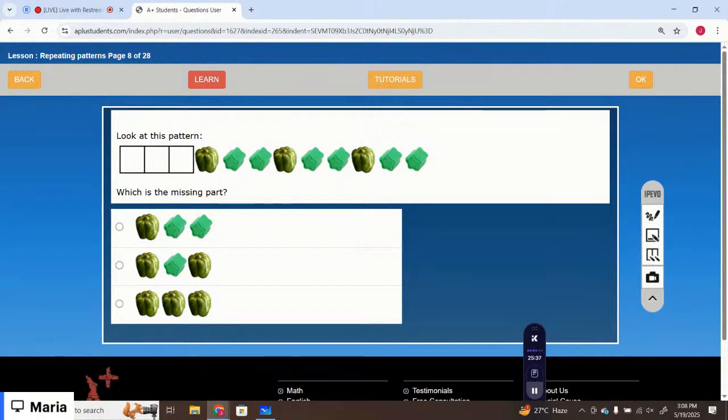Look at this pattern, which is the correct option? Option number one is the correct option.